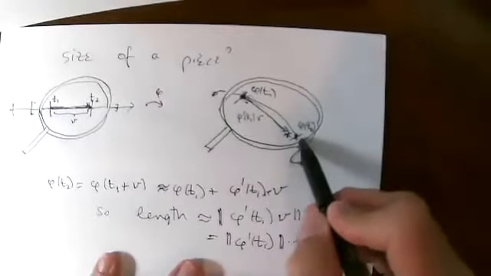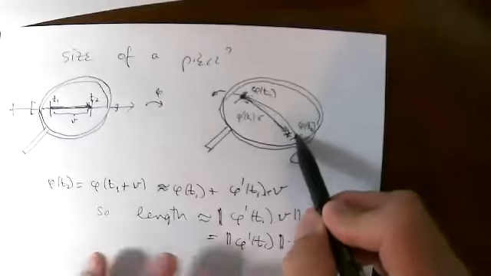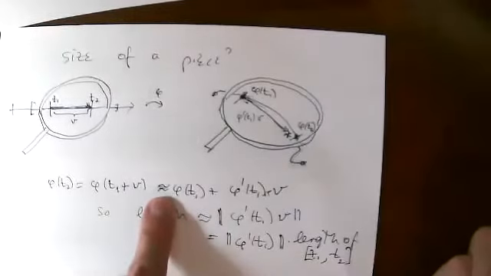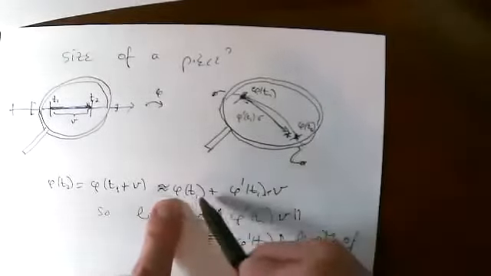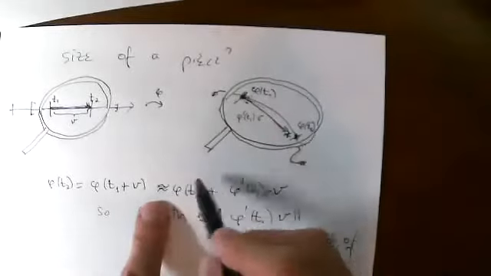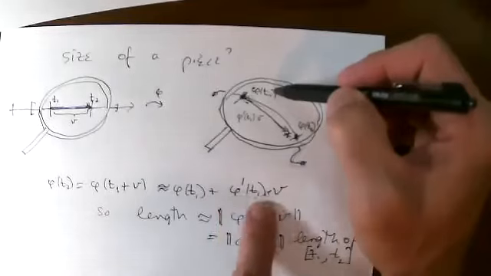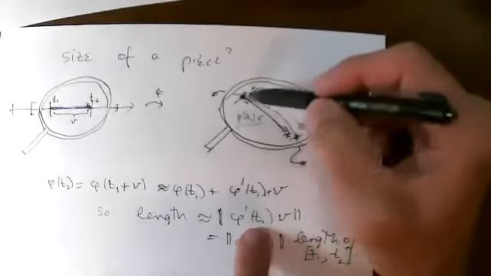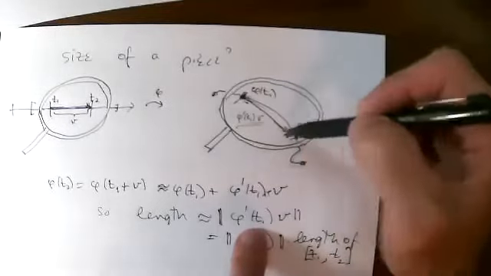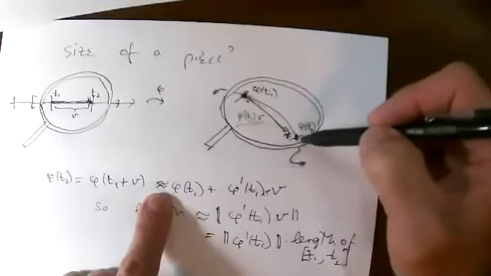The little star is not exactly where this second dot is, because this was only an approximation at this stage. The location of the star is what you would get by starting at phi of t1 and moving by this vector here, that moves you away from phi of t1 to something that's close to phi of t2.